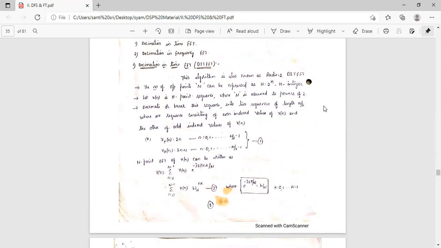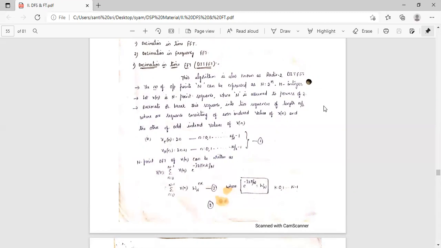So decimate or break this sequence into two sequences of length N by 2, where one sequence consists of even indexed values of x(n) and the other of odd indexed values of x(n).